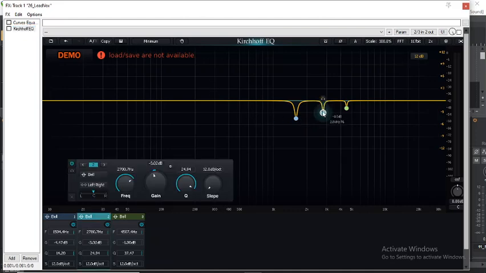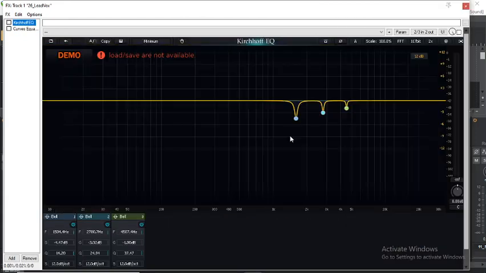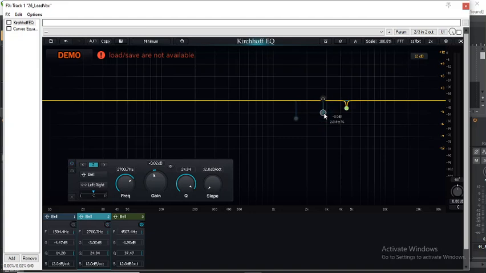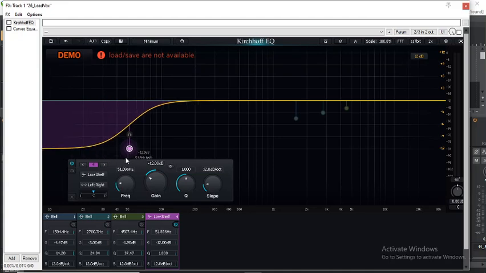Sometimes you want to put this before, but if you have this before, it's mainly just to EQ, like if it's a vocal, you set the parameters.